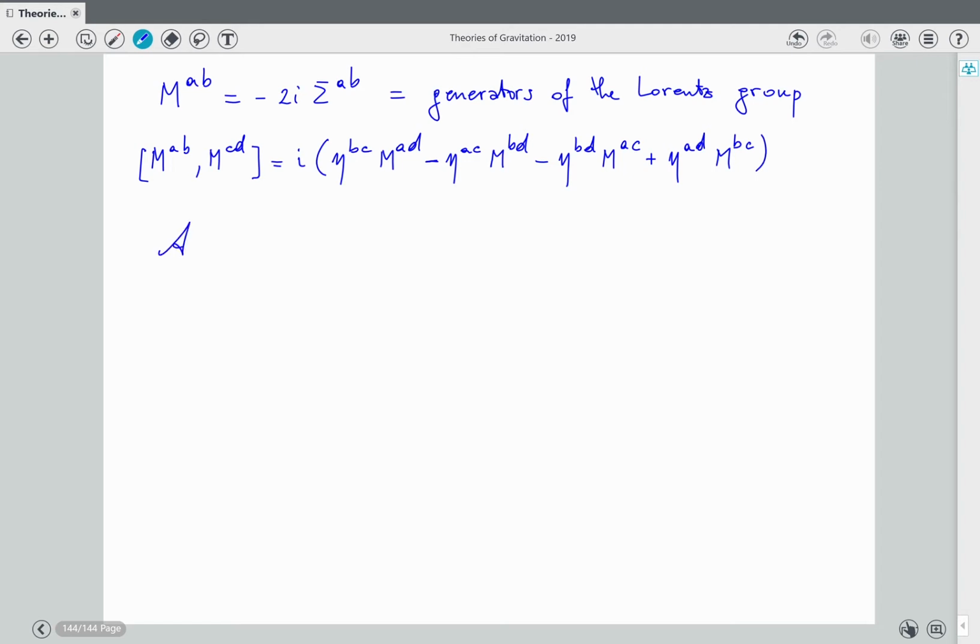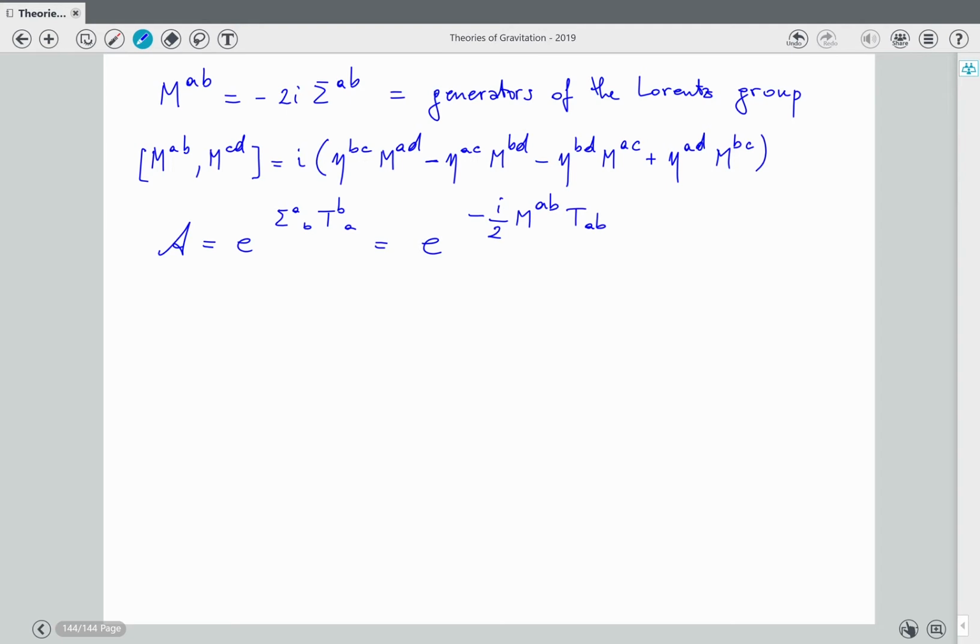So A, curly A, which is what we wrote previously like that, is equal to e to the minus i over 2 omega AB TAB. This is how you write an element of the group.